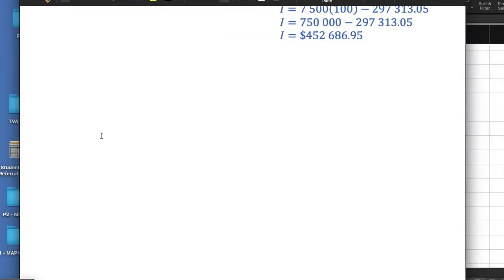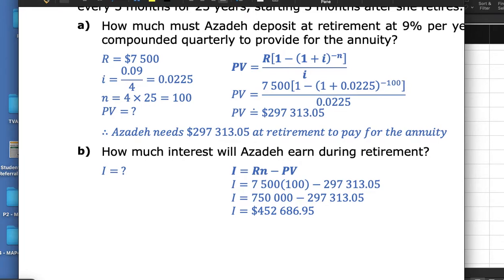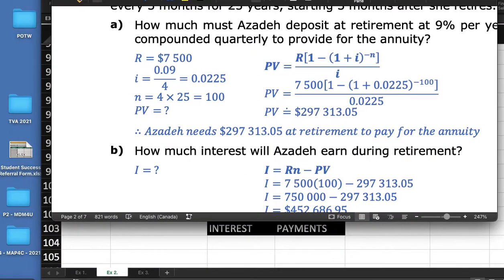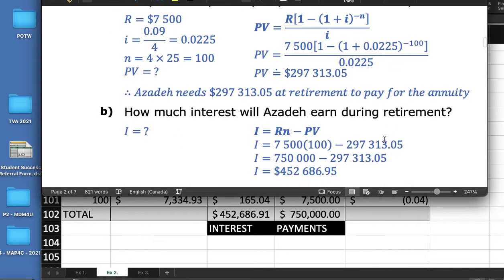Just going to verify. One moment. So, as mentioned, the sum of the payments is $750,000, and the interest that's accumulated is here.